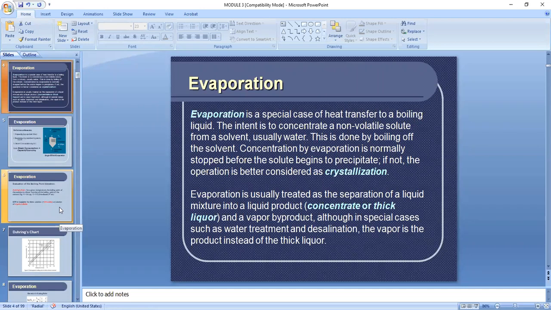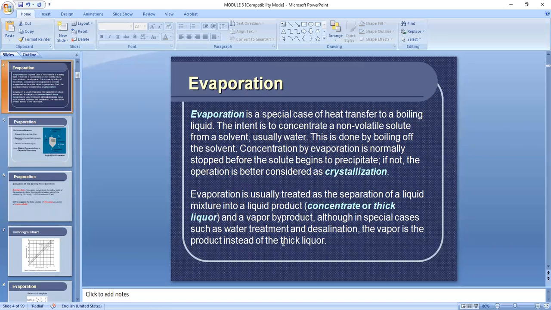Because once precipitation occurs, it's no longer evaporation, but rather a different topic, which is crystallization. Oftentimes, in evaporation, we are concerned with the final product, which is the concentrated liquid, or the L. But there are processes in evaporation wherein it's not the concentrated part which is the desired product, but rather the vapor. Those cases are water treatment and desalination.